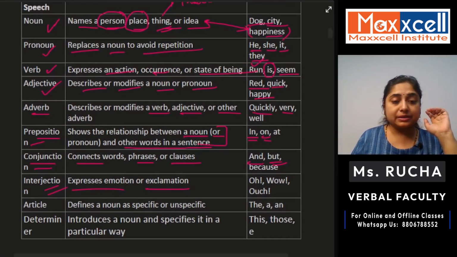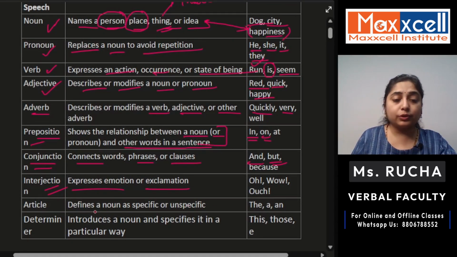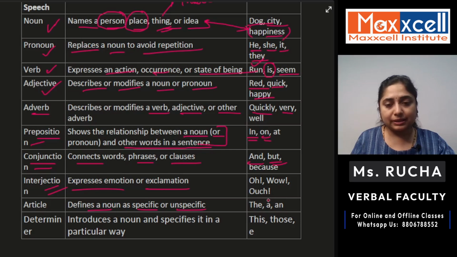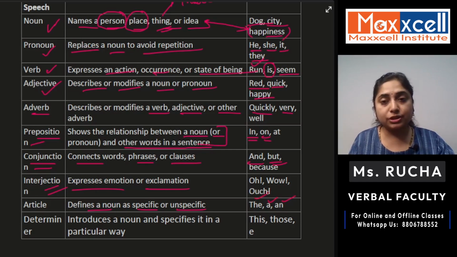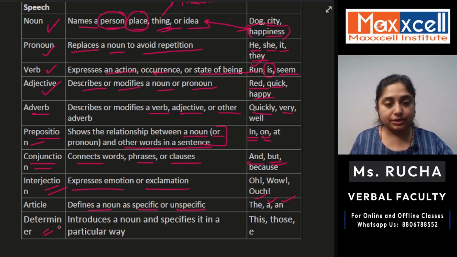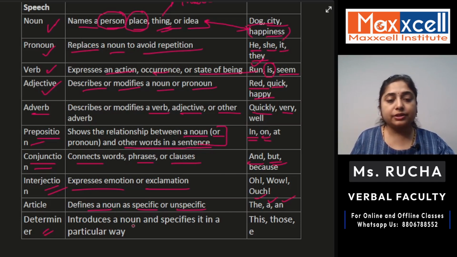Next, articles. Whenever you want to define a noun as specific or unspecific, you will use articles, right? There are three articles: a, an and the. We will understand its usage later when we discuss this particular topic in detail. At the end, there are determiners, right? This introduces a noun, specifies it in a particular way.